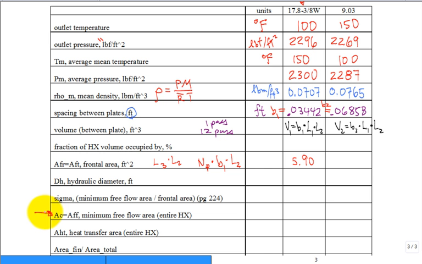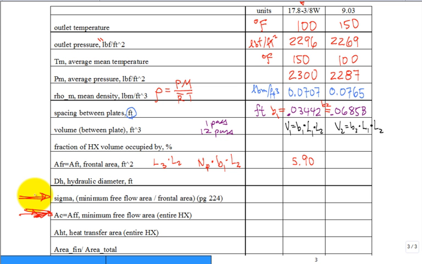Minimum free flow area. We're going to work right here now for a second. And guess what? There's a sigma, which is the ratio of the minimum free flow area divided by the frontal area. It's given on page 224.